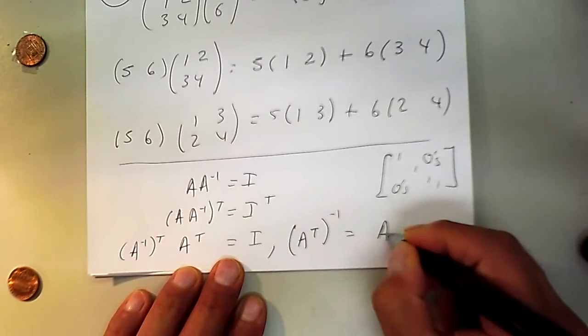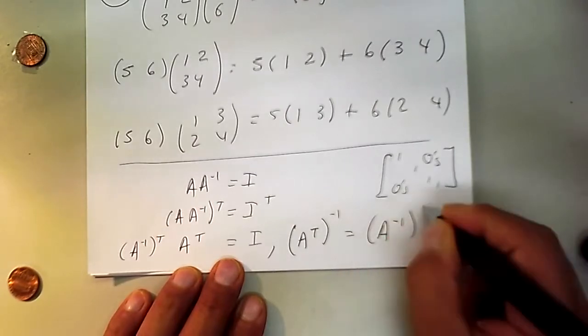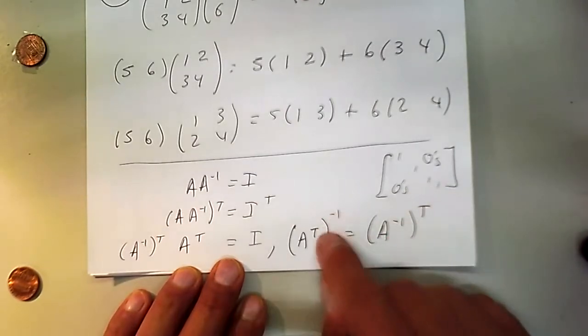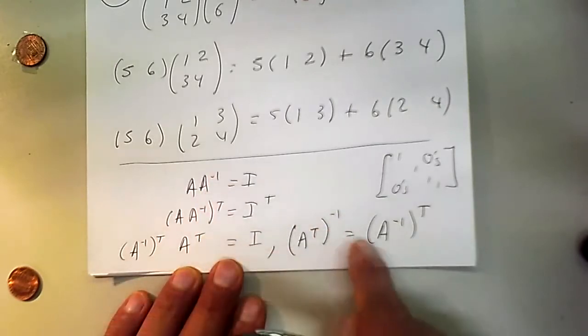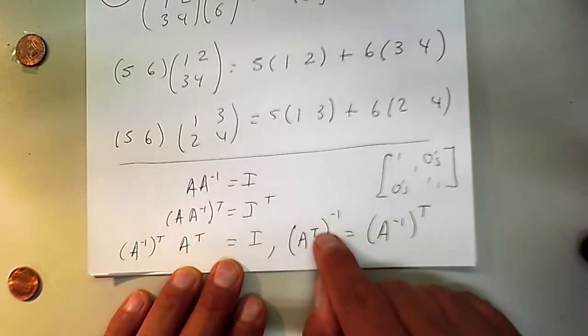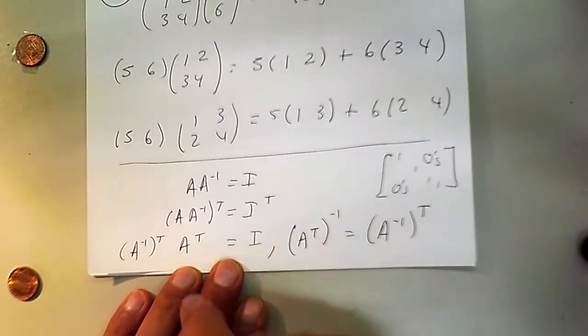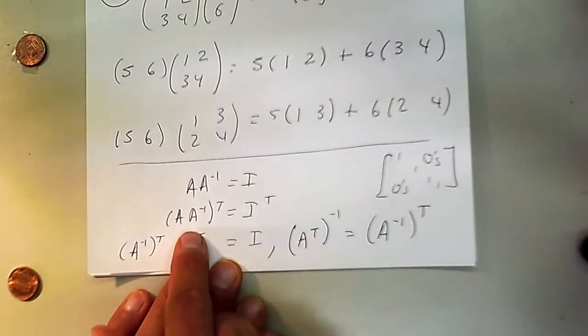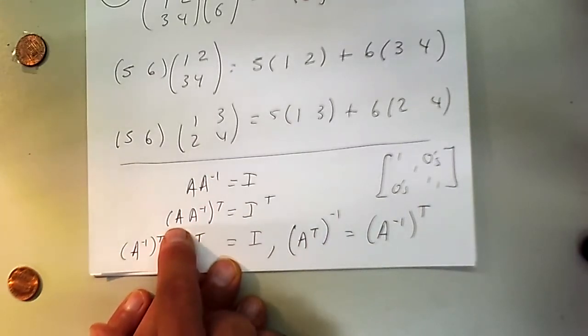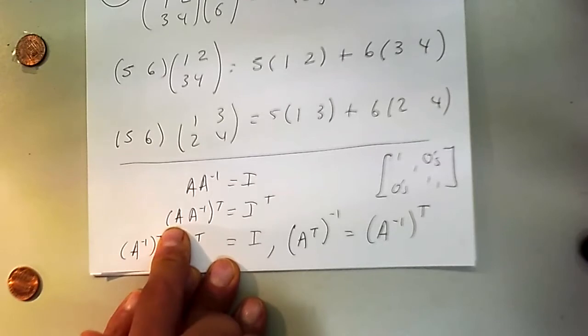A inverse transposed. And this is a little proof that we can commute the transposition with the inverse operations. Again, I hesitate to call them operations, maybe operators is a better thing to say.